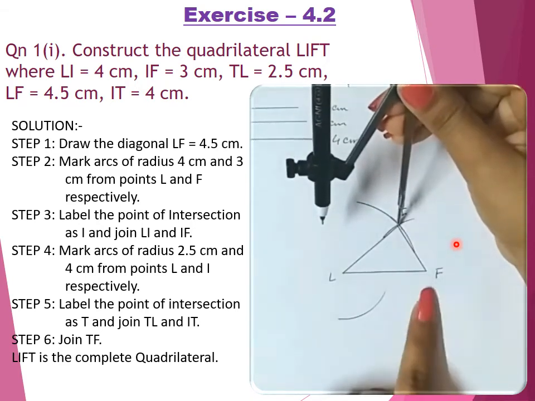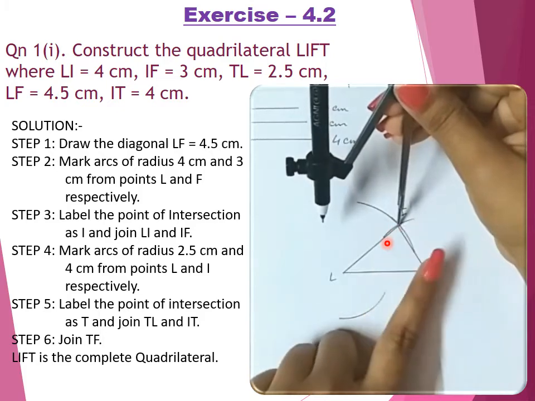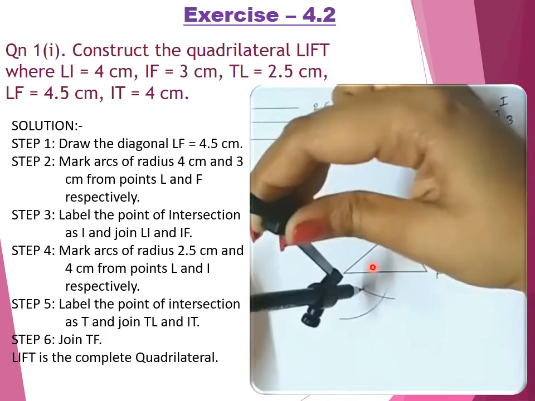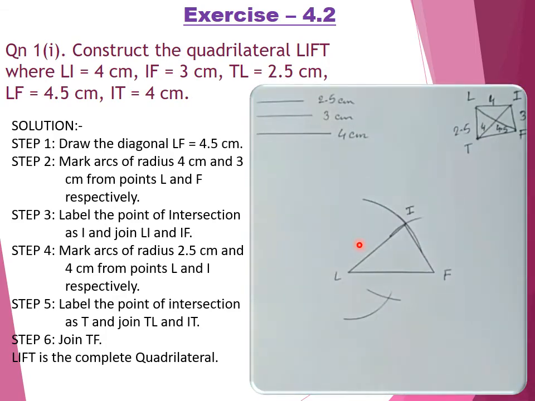Now not from point F but from point I, because the length of IT is given, not LT. So we'll draw an arc right over here of 4 centimeter length.